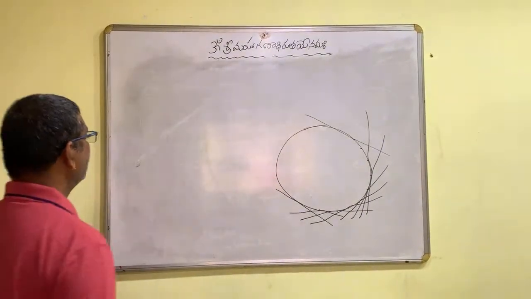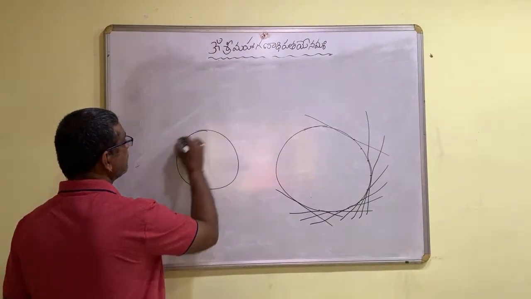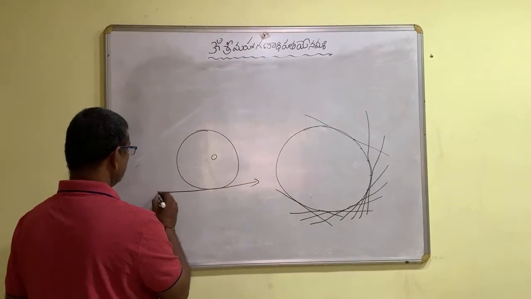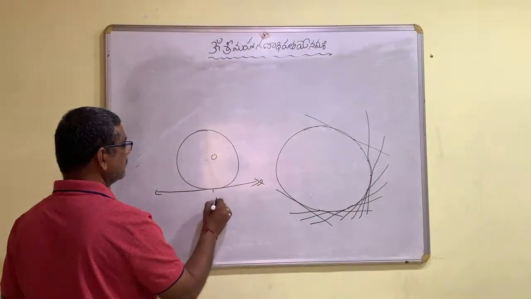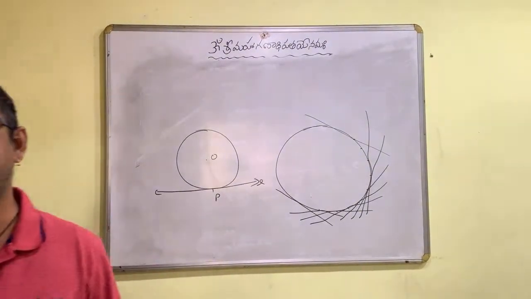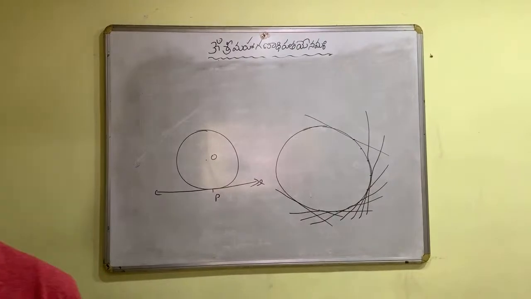Understand? What is the meaning of it? There is a circle with center O. There is a line L, tangent at P. Now, can we draw another tangent at P other than L?